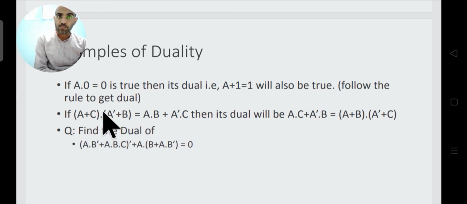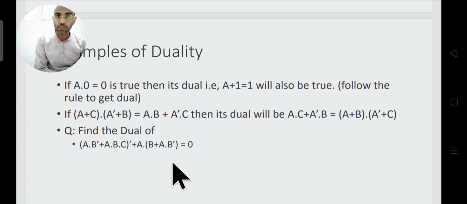If 0 and 1 are also there, we have to take the dual of those as well. So you try this question on your own. Suppose I have to write the dual of this, a plus b. This is the question for you. Find the dual of this.